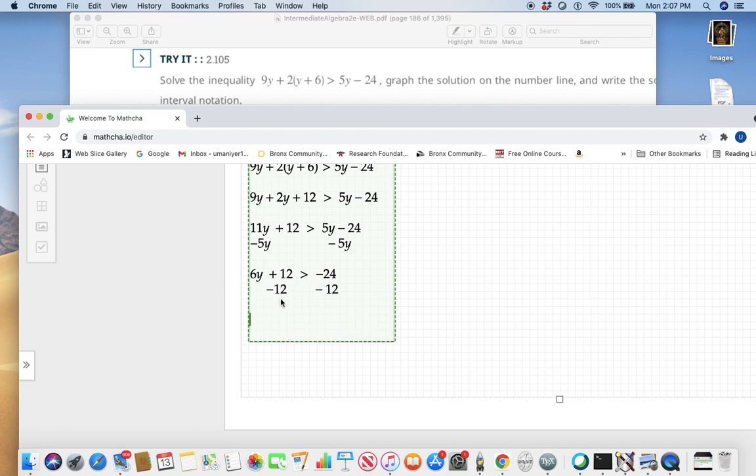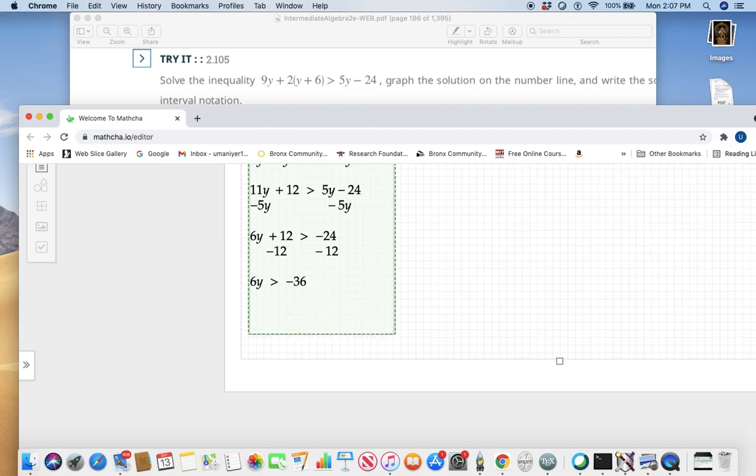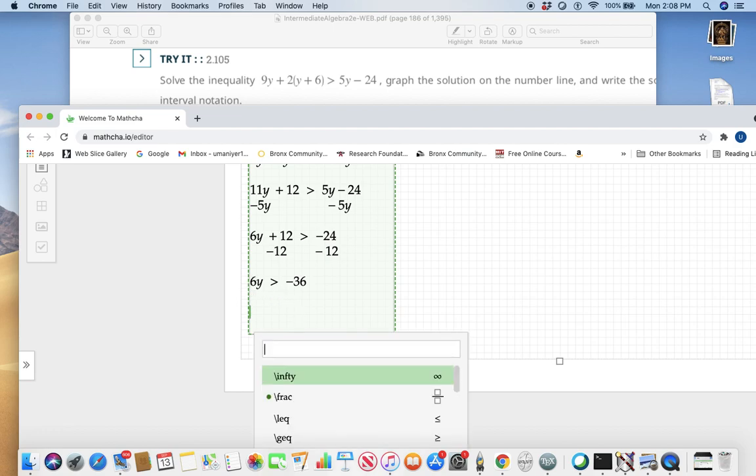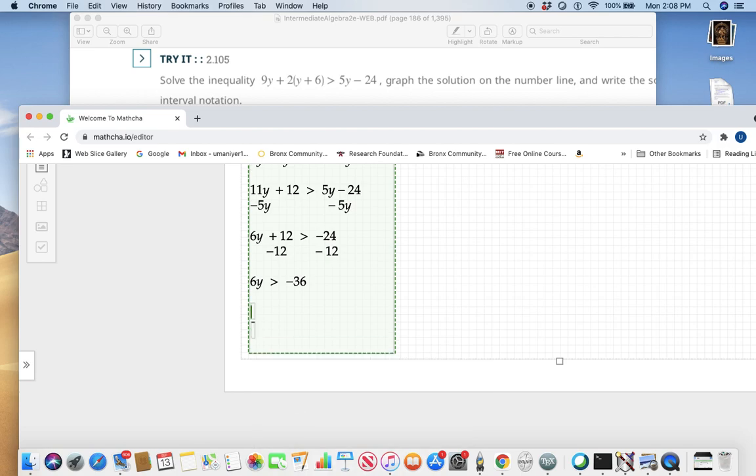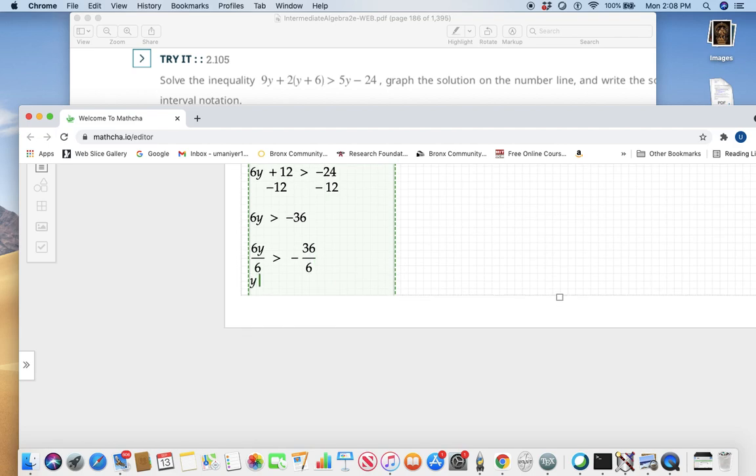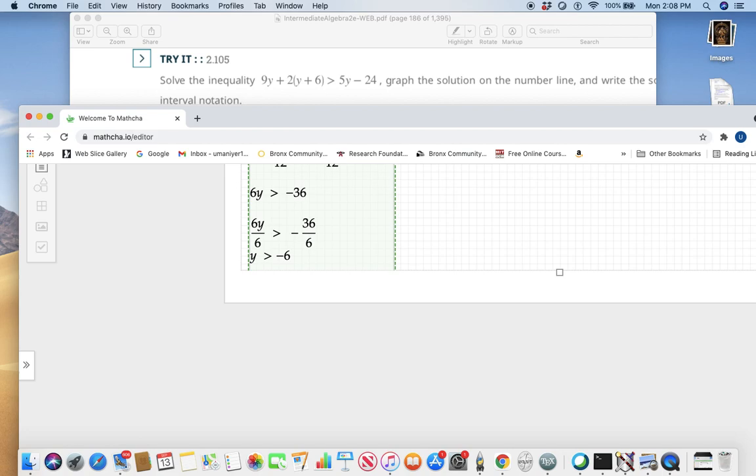Plus 12 minus 12 cancel, 6y is greater than negative 24 minus 12, which is negative 36. Last step, divide both sides by 6. That's a positive number, no change in inequality. So 6y divided by 6 greater than negative 36 over 6. So y is greater than negative 6.